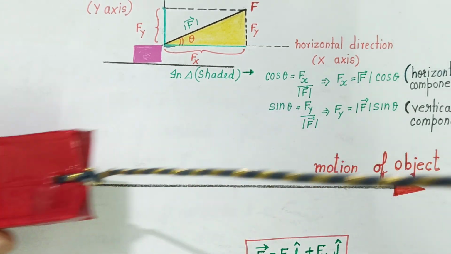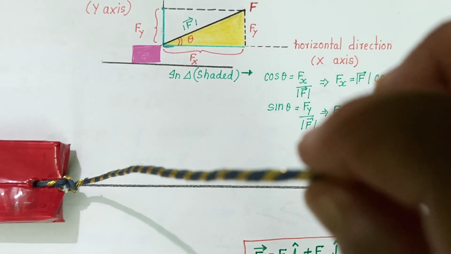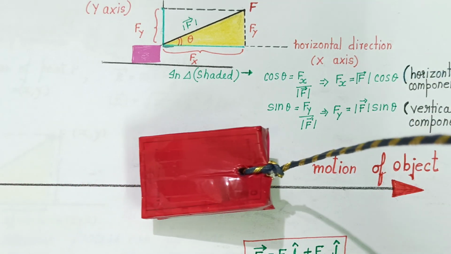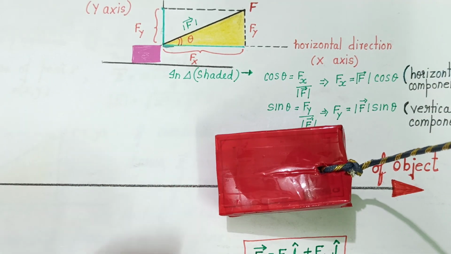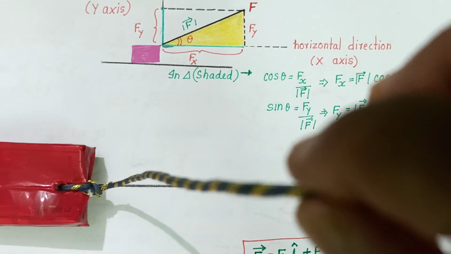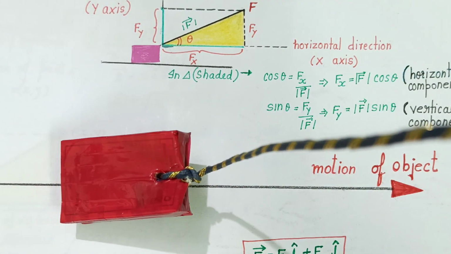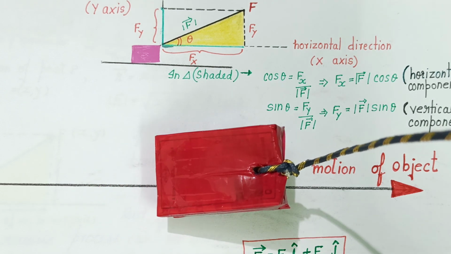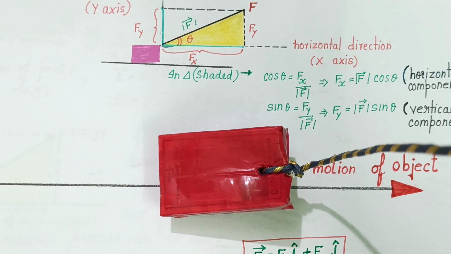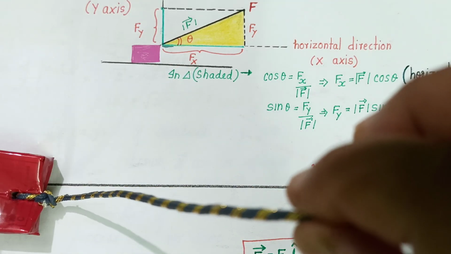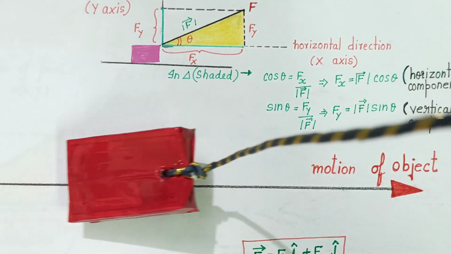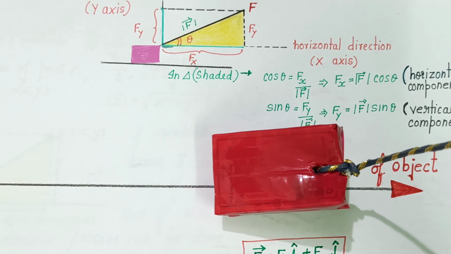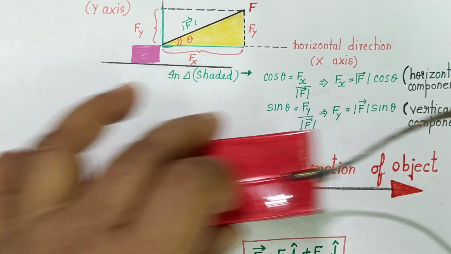I don't know whether it is visible to you or not, but the matchbox is lifted up. It is moving horizontally also. Can you see the matchbox is lifted up if I am increasing the angle of the thread? Now this matchbox is moving horizontally, and it is showing its displacement in vertical direction also.